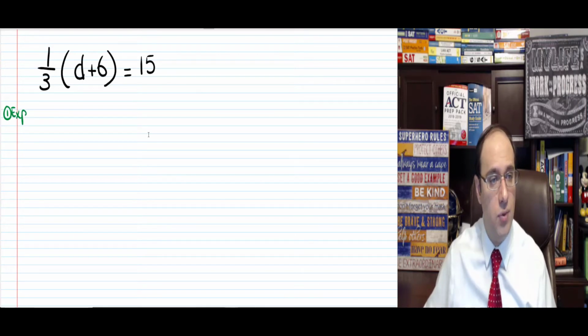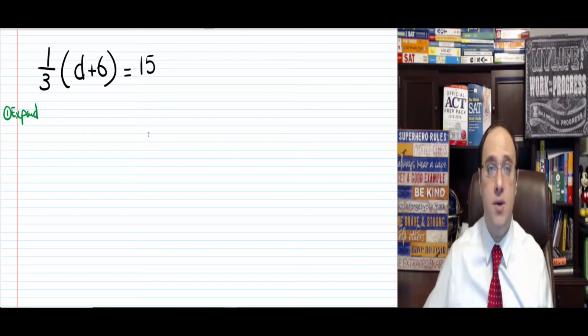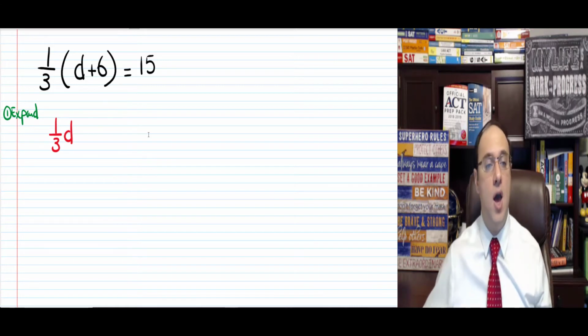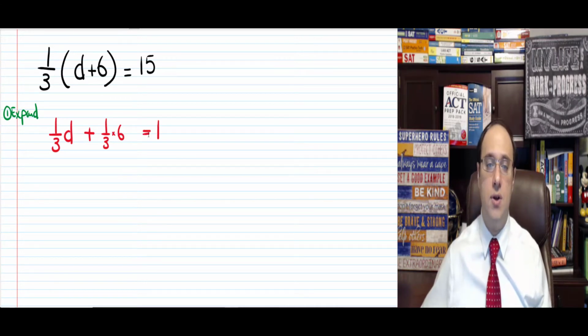So number one, expand. 1/3 times d plus 6. So we do 1/3 times d, which is 1/3d, plus 1/3 times 6 equals the 15 as it is.